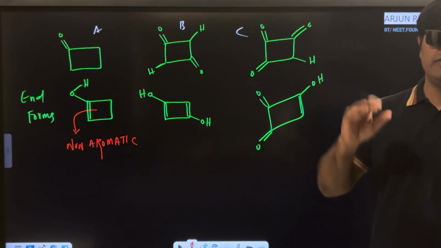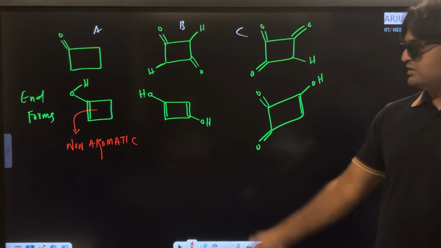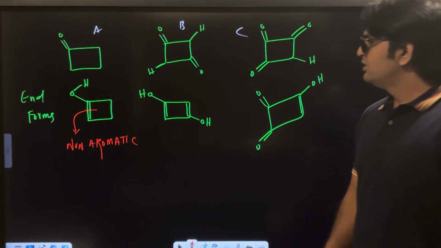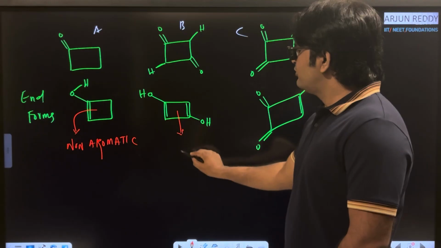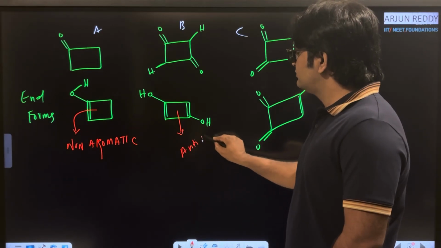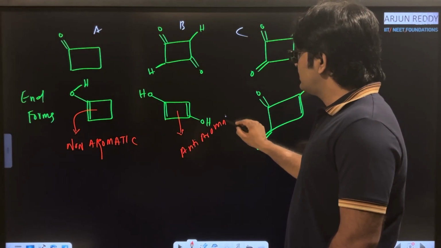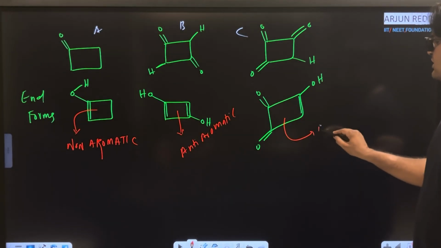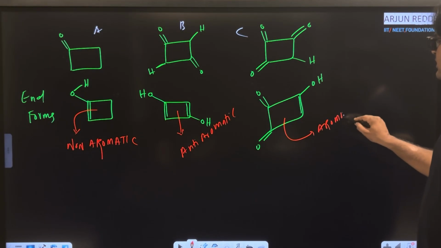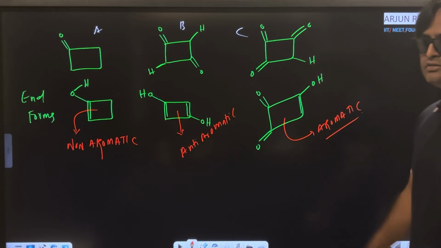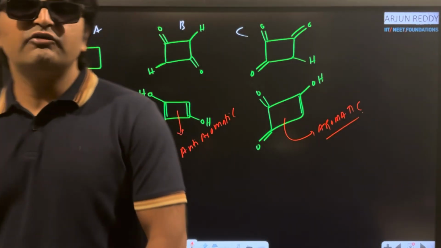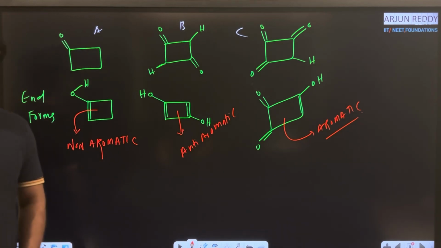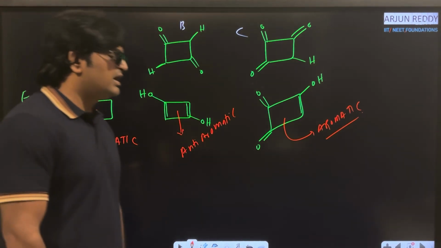Those rules and everything we will discuss in aromaticity. Yes, non-aromatic compound. And here the compound is an anti-aromatic compound. And what about this one? This one is exactly an aromatic compound. That is the story about enol forms in terms of aromaticity, non-aromaticity and anti-aromaticity.